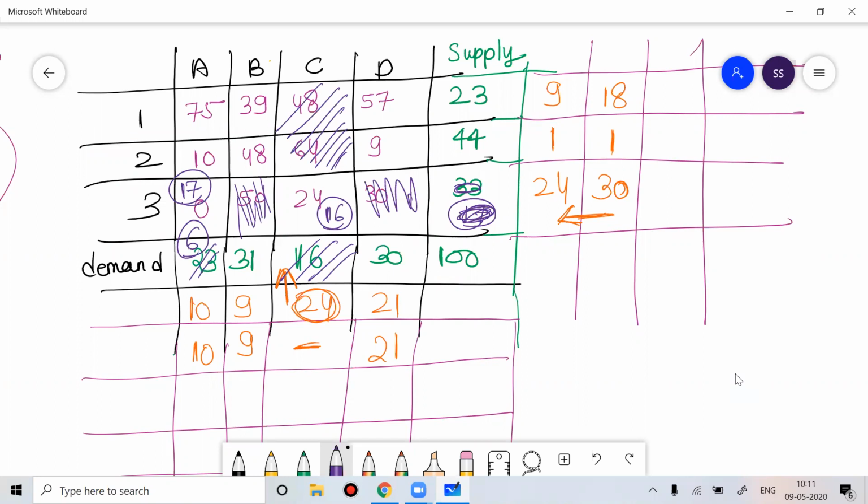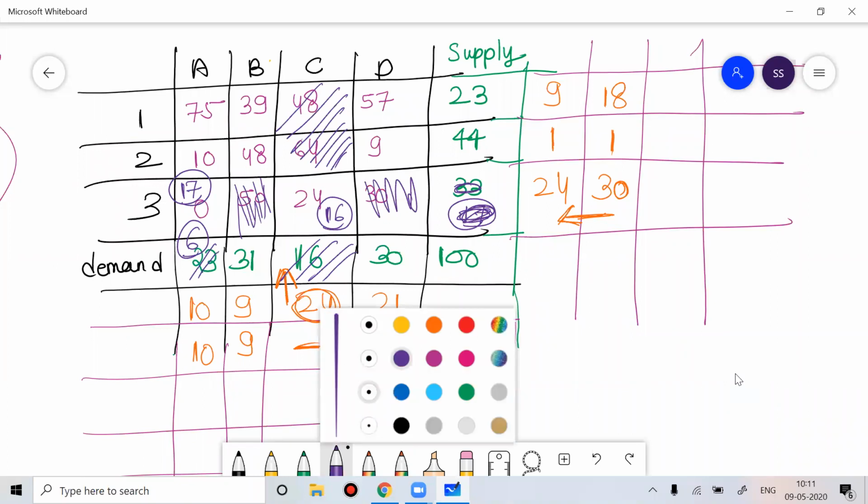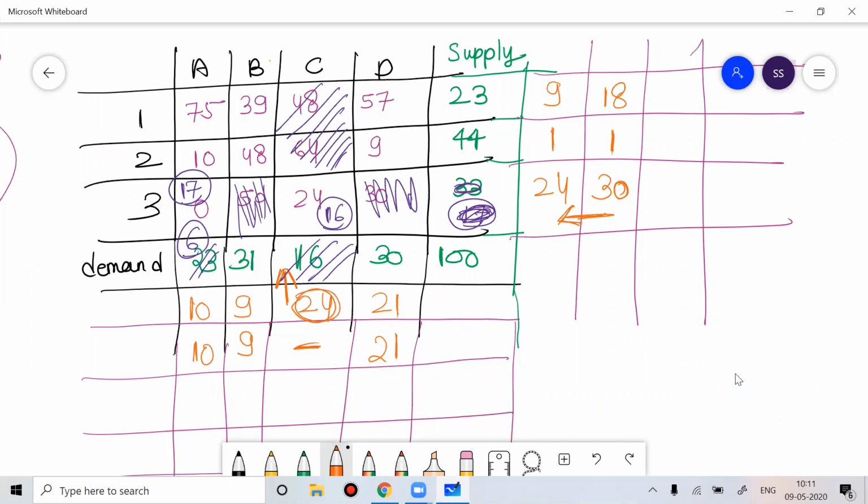Similarly you will do again for the remaining elements. Now 75 minus 10 is 65. Now 48 minus 39 is 9. Now this nothing can be done.